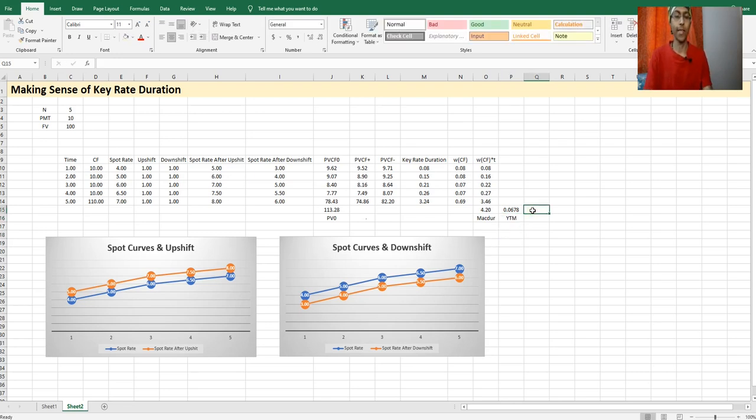Therefore, modified duration is Macaulay duration divided by 1 plus the YTM. So, this is coming to 3.94, right? Now, let us sum the key rate durations that we found.